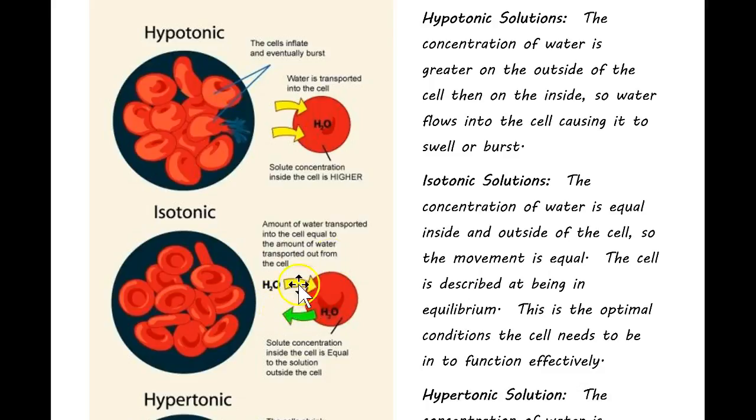And this would be a cell under optimal conditions. This is what we want, under the best conditions in order for it to be able to survive. But we know that that doesn't always happen. The cell's going to be really stable, it's going to be able to function, the osmotic pressure is going to be balanced, and it's going to be a happy cell.